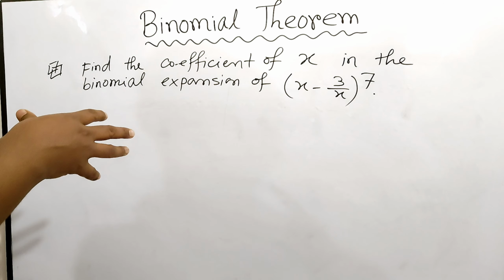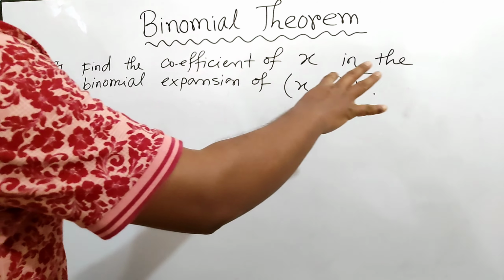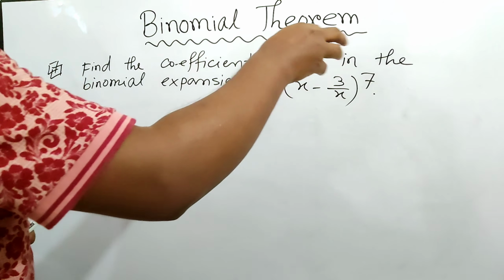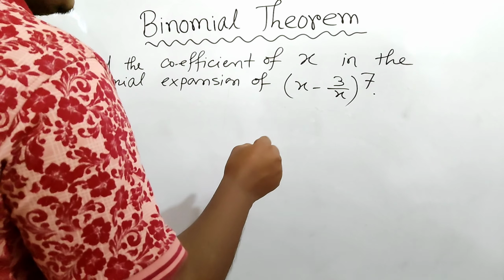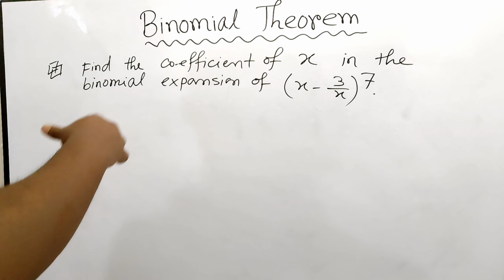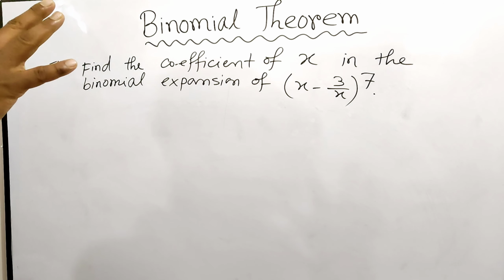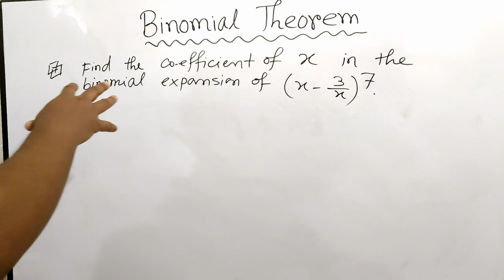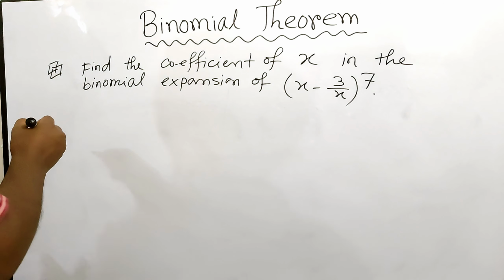You need to calculate and expand all the terms, and then search for where the power of x is 1, and I think it will take more time. But if you use the general formula, that is the r plus 1 term, then you can easily find the coefficient of x. So now look at the solution.